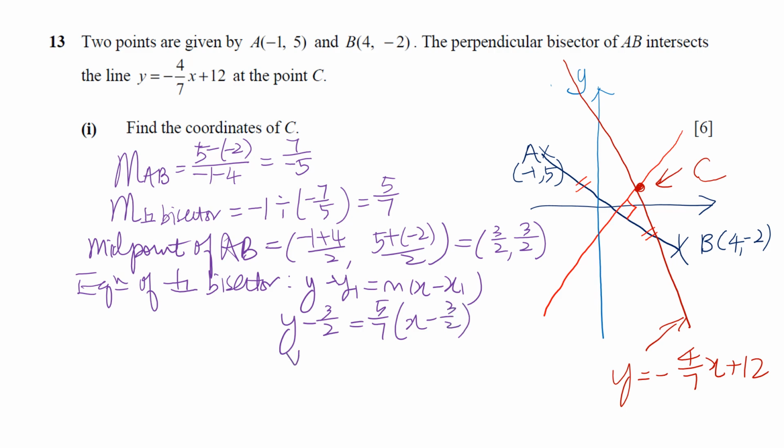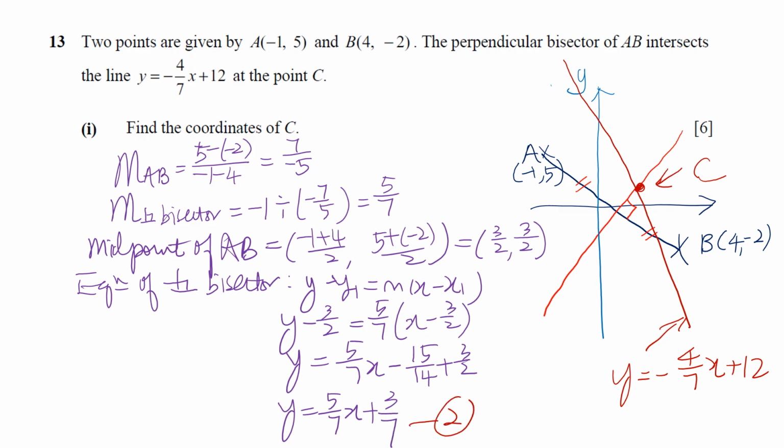So that simplifies to y equals 5 over 7x plus 3 over 7. Okay, so I'm going to call this equation 2 and the other one equation 1, and when I solve these two equations simultaneously, I'll get my point C.